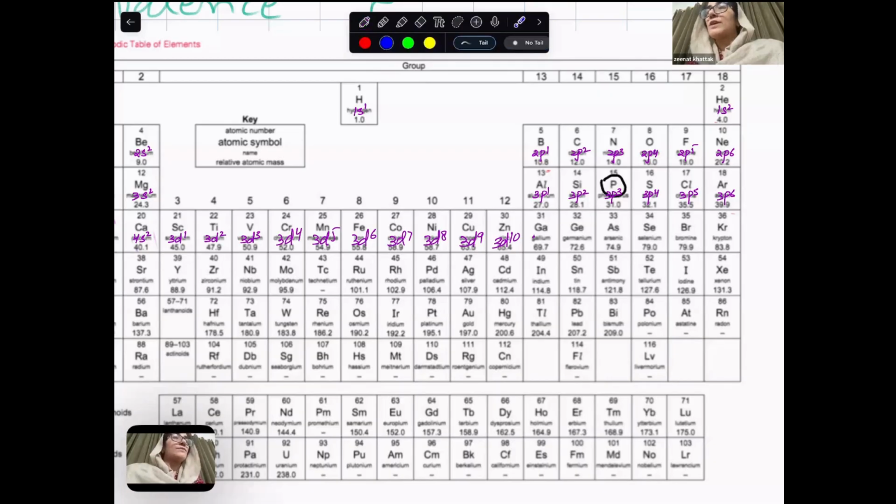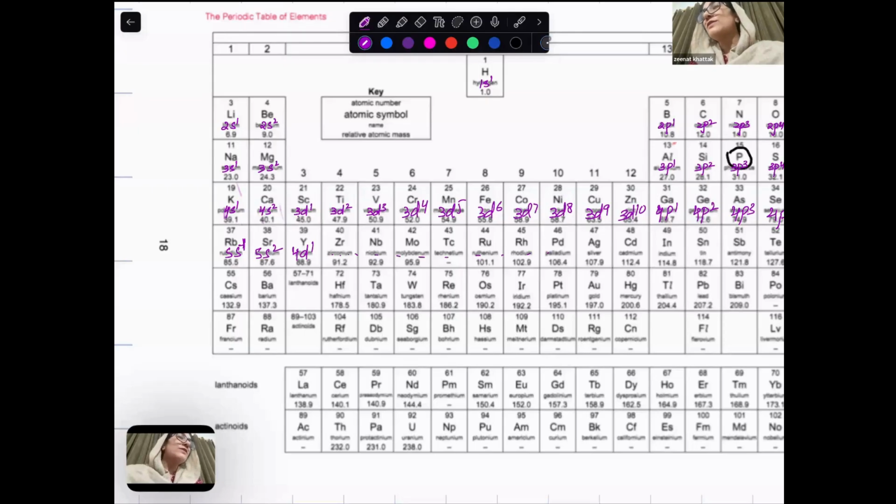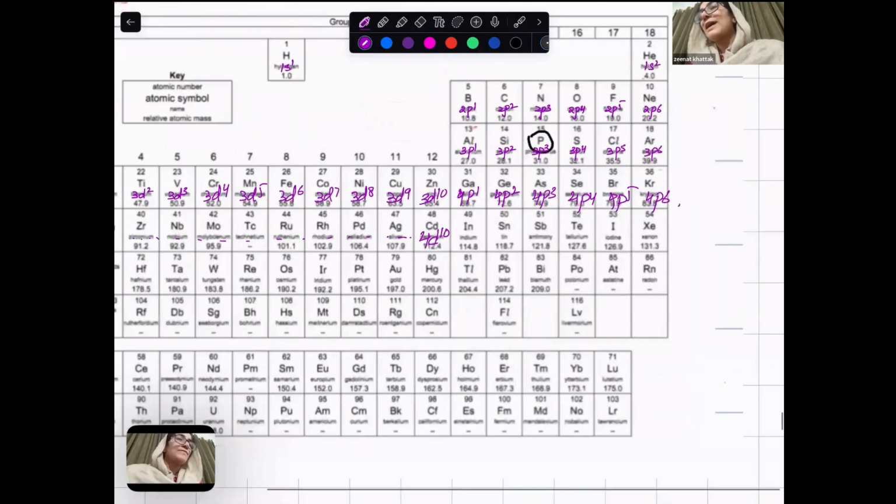Now, after this, look, this is 3p, so I will write 4p. So it's 4p1, 4p2, 4p3, 4p4, 4p5, 4p6, and exactly the same pattern. 5s1, 5s2, and now 4d1 up to 4d10, and then 5p6. You know what the shortcut is?